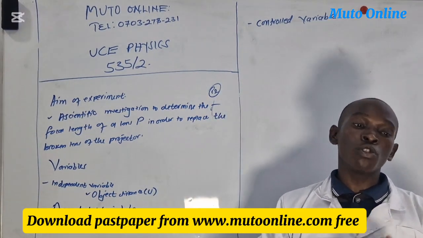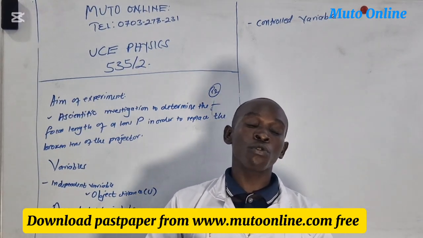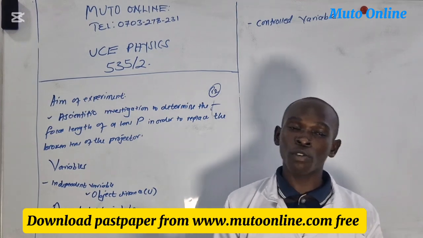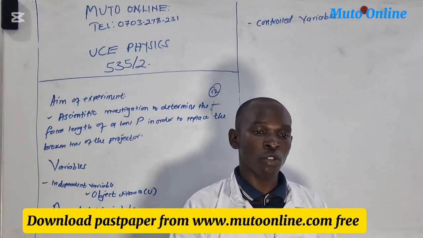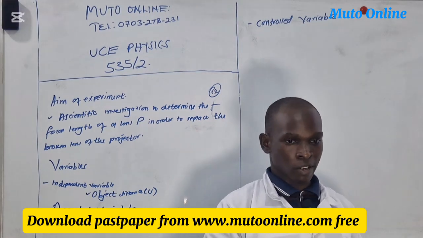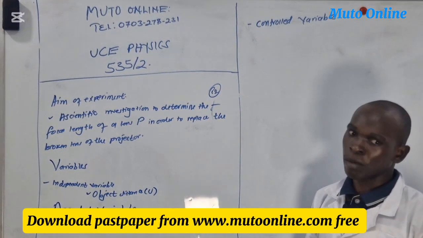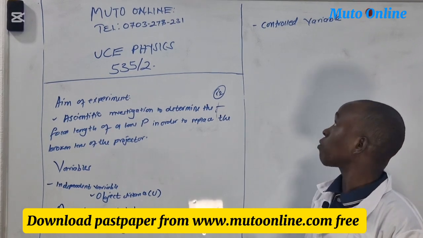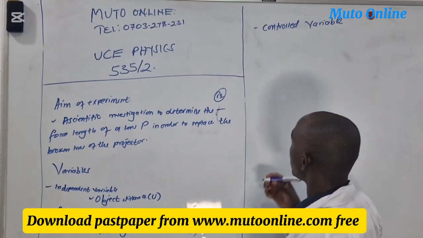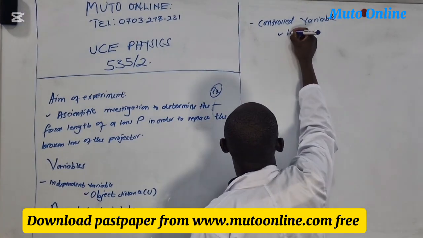You can decide to use one dry cell, you can decide to use 2 dry cells. So that means the intensity of light can be controlled. You can increase or decrease. So now in this experiment, since we are going to use light, we are going to take the controlled variable to be light intensity.